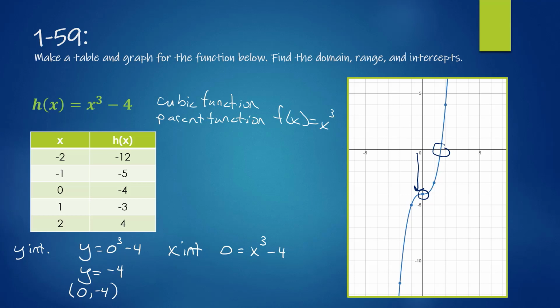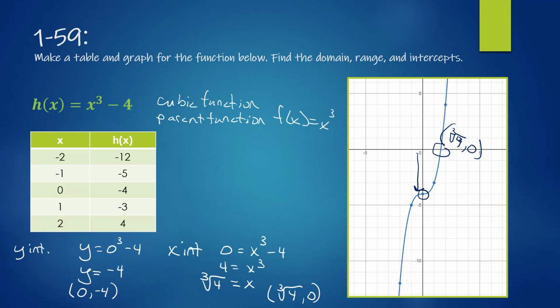We're going to add 4 and then we'll take the cube root. And that is the x-intercept. So this would be the cube root of 4, 0. So down here we'll write that as well. You could also type that in the calculator, but they're both accurate answers.